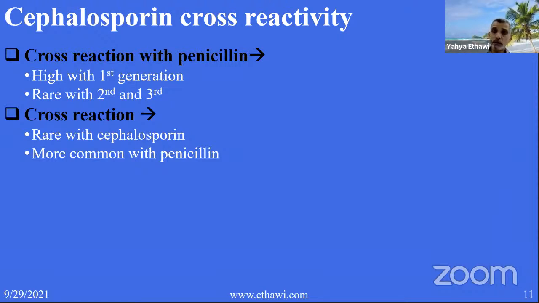Despite that they can cross-react with penicillin, so if you have an allergy to penicillin, they might, but it is very rare. Allergy to cephalosporin in the general population is rare, but in patients with penicillin allergy, it is common.